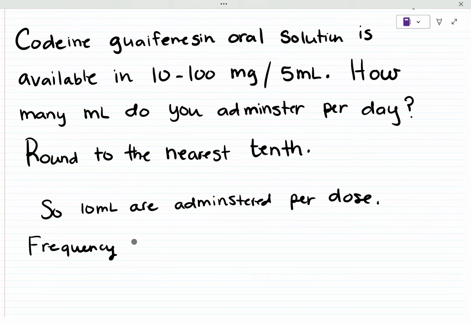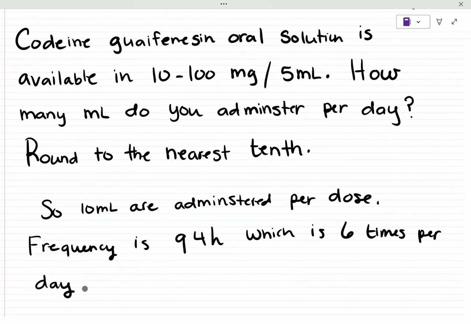The frequency is Q4H, which is 6 times per day. So 10 milliliters times 6 is 60 milliliters in a day.